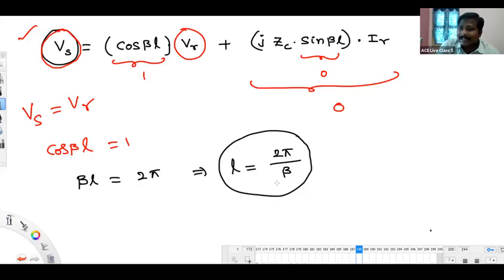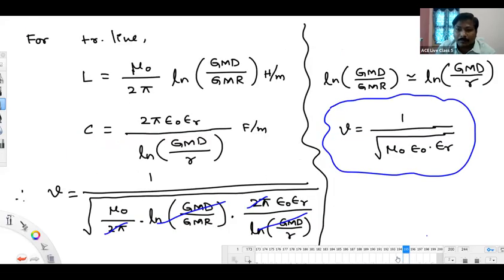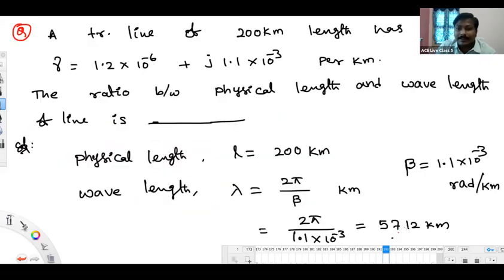But if I calculate this length of line required for our 50 Hz frequency of operation, it is a very, very high number, like 5,700 kilometers we got in one problem, 5,712 kilometers or 6,000 kilometers.